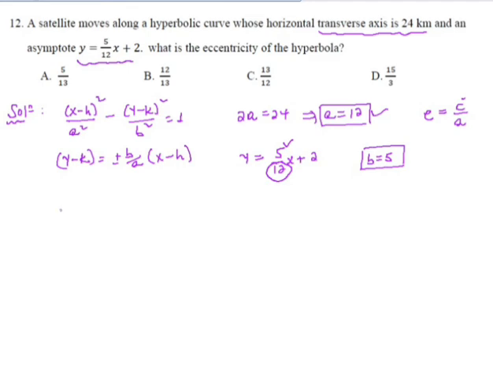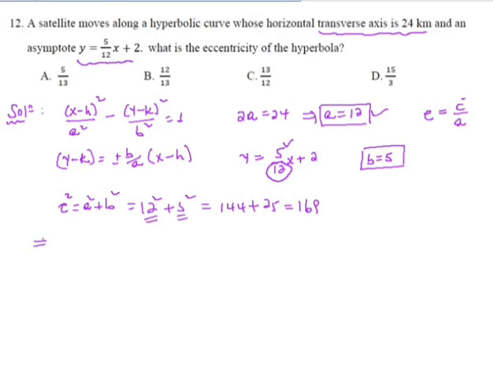So there is a relation for hyperbola. The relation between a, b, c is c squared is equal to a squared plus b squared. So a squared is 12 squared and b squared is 5 squared. The result is 144 plus 25, which is 169.